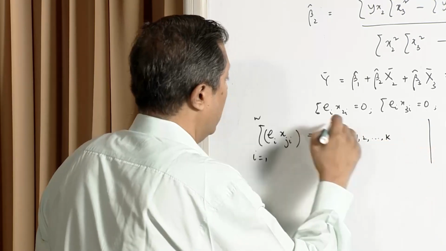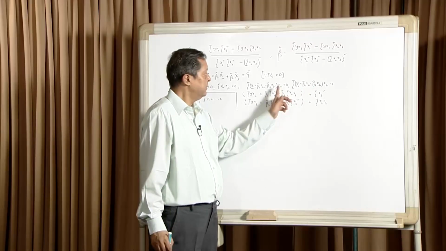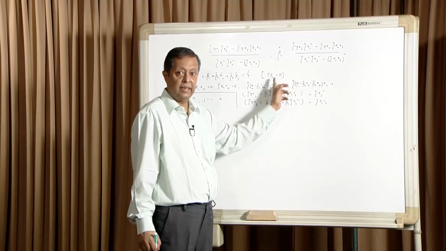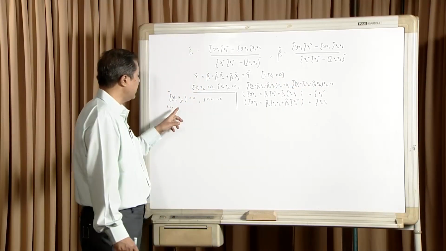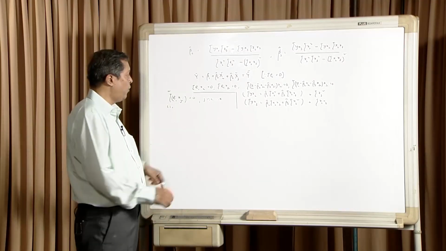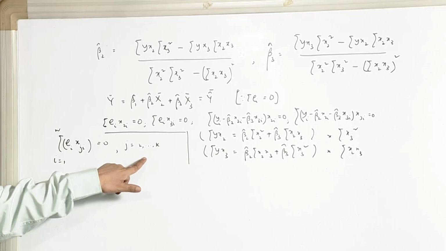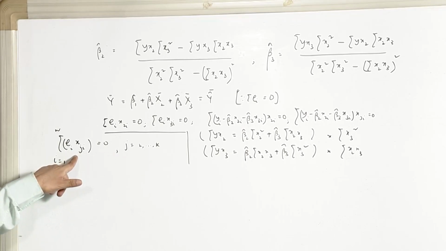Simple logic: every time we are multiplying ei by the explanatory variables, the regressors. Now, how many regressors are there? There are k. Actually, in the deviation form, it will run from 2 to k. So, we have in deviation form k minus 1 normal equations.